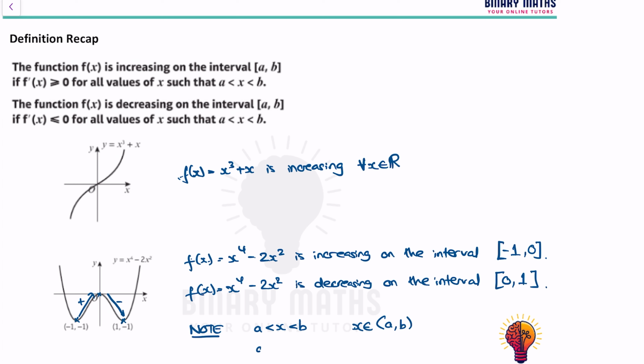But if we have a is less than or equal to x, which is less than or equal to b, so we include a and b, then we use square brackets. So if I have something like a is less than x, which is less than or equal to b, then it's the same thing as writing: a is not included, so we do a rounded bracket, a, and then b is included, so we do a square bracket for the ending.